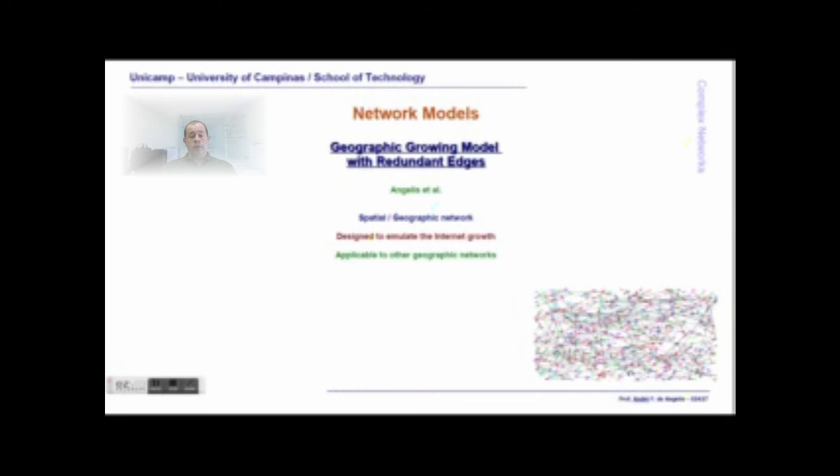We have some classes of models, and one of these classes is geographic models or geometric models, according to some authors.